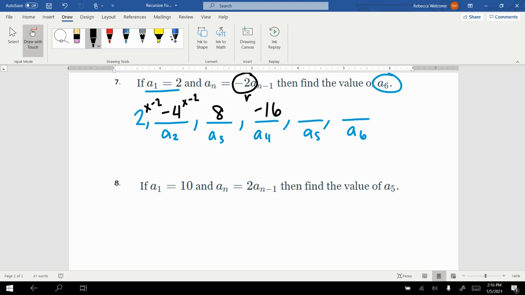Negative 16 times negative 2 is positive 32. And then positive 32 times negative 2 is negative 64. So a sub 6 is negative 64.